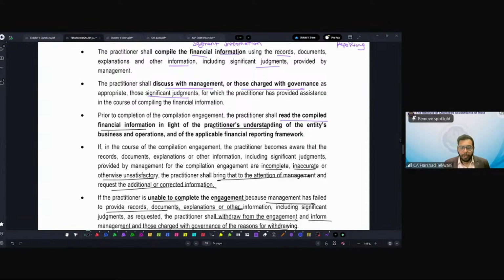Okay. So I was talking about segment information. Example: let's say when you were preparing segment information, you identified some misstatement. For example, the total of all the segmental revenues is not matching with the total revenue. There is something missing.